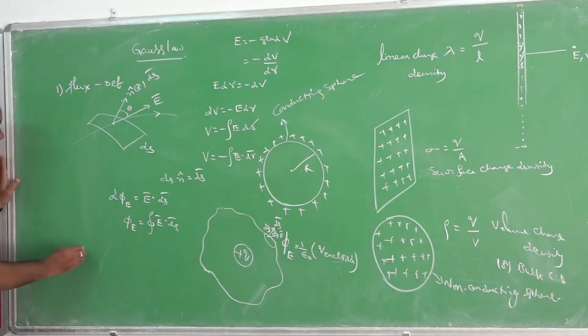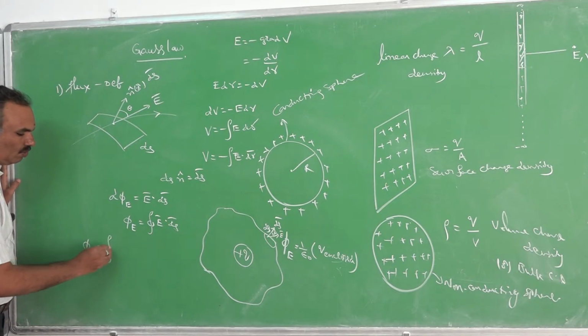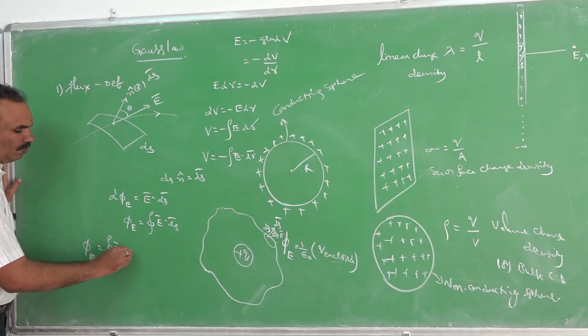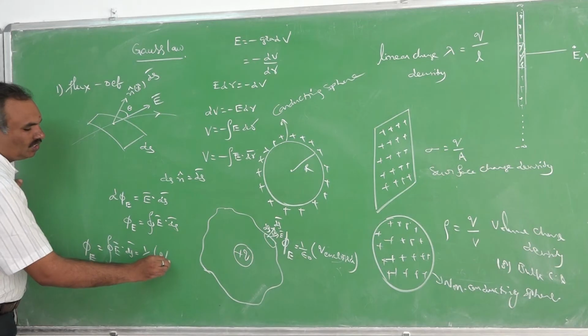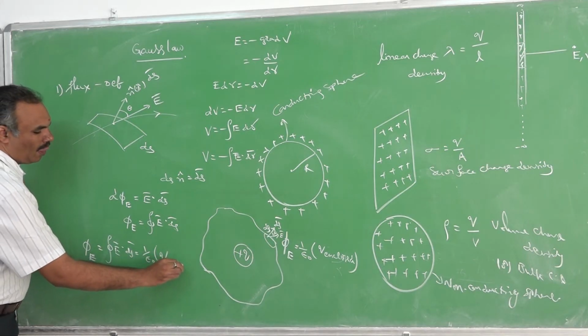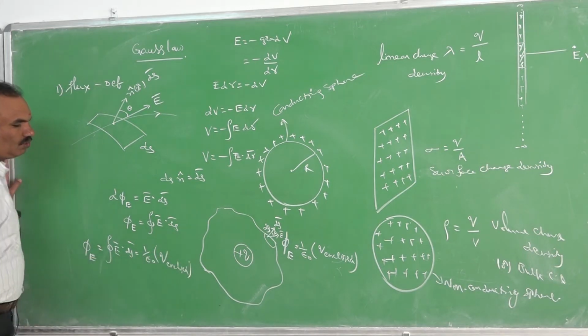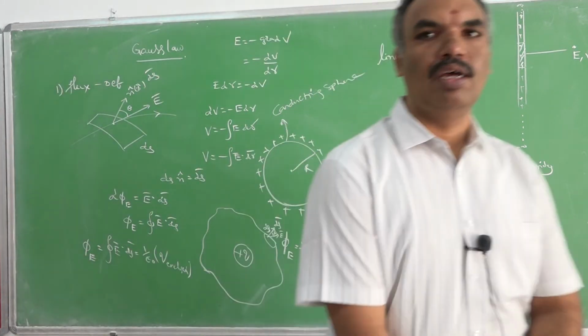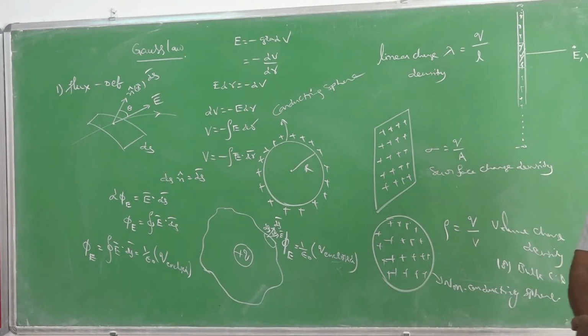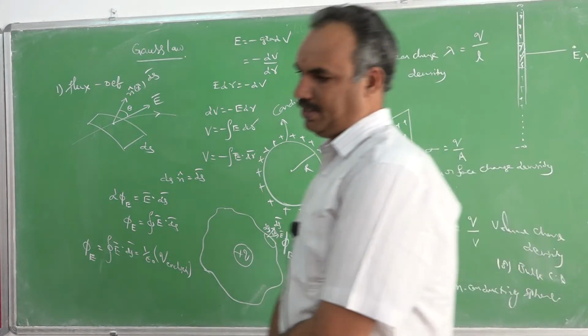Therefore, the general equation describing Gauss law is given by phi E is equal to closed integral E bar dot ds bar, that is equal to 1 by epsilon naught times the charge enclosed. With the help of this Gauss law, you can calculate electric field due to various charge distributions.